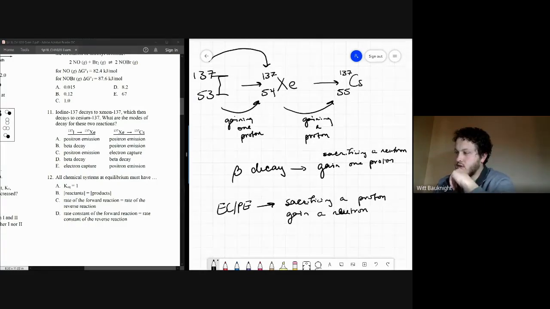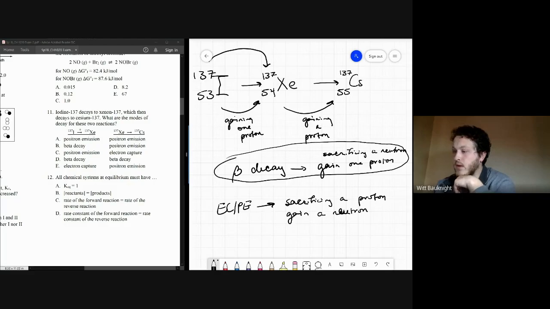All right, so we know that beta decay is true for both of them because from iodine to xenon to cesium, we're gaining a proton. And that's how you know.